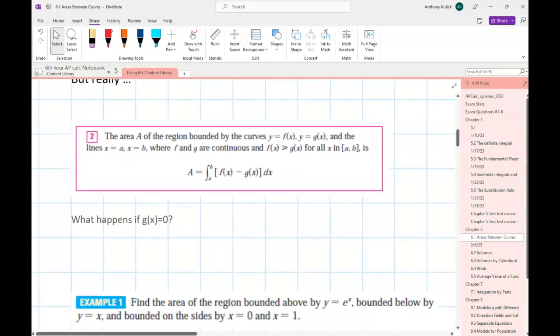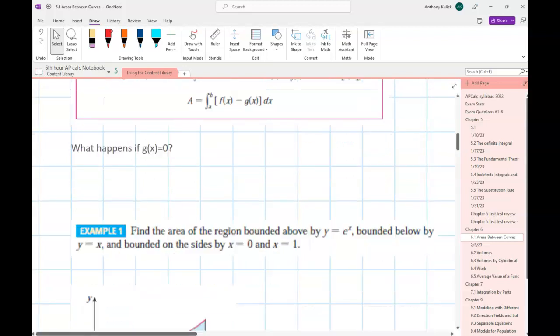What does this formula become if g of x is 0, if g of x is just the x-axis? The integral of f of x, right? Which should make sense, because that's the area between f of x and the x-axis. Cool. I like it when my new formula is a generalization of my old formula, right?